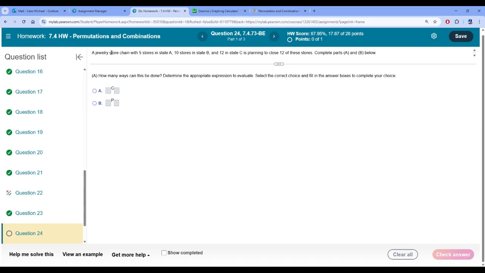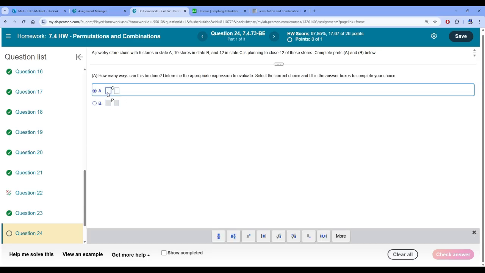That's it. A jewelry store chain with 5 stores in state A, 10 stores in state B, and 12 stores in state C is planning to close 12 of those stores. How many ways can this be done? So there are 5, 15, 27. So I have 27.